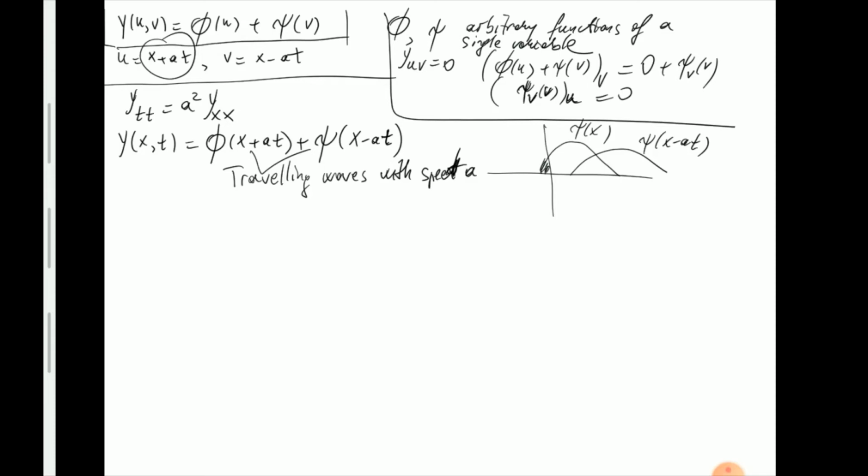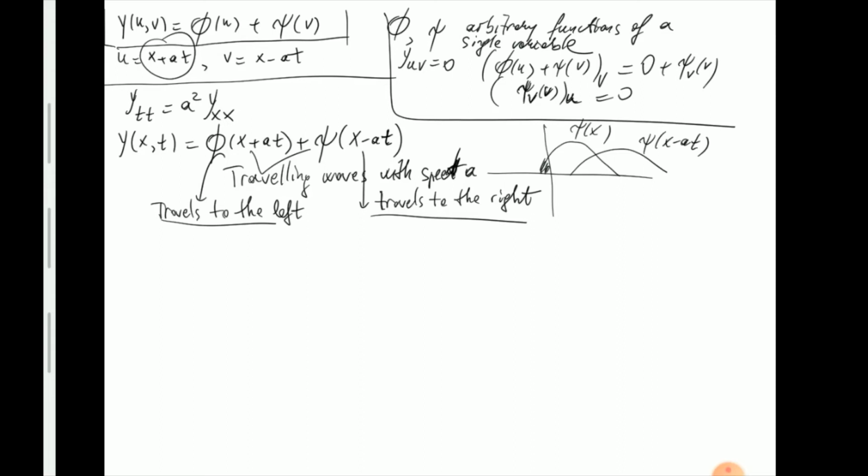So basically this is like a wave that travels to the right, and this one travels to the left. So you can interpret the solution as being a summation of two waves that travel in opposite directions.